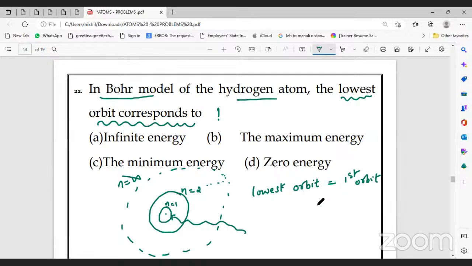You know that what is the energy in the first orbit? It is minus 13.6 electron volt. What is the energy in the inner orbit? Minus 13.6 electron volt. So it is not zero energy. It is not an infinite energy.